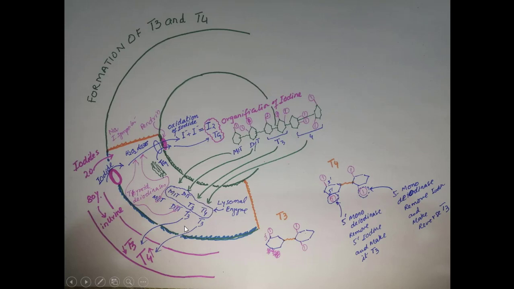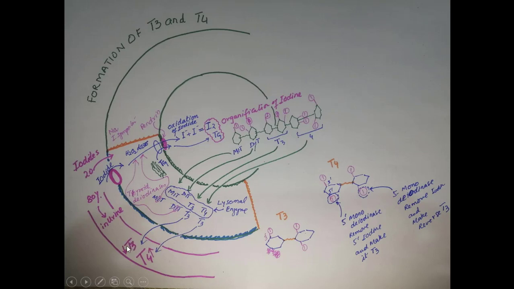The lysosomal proteolytic enzyme will separate MIT, DIT, T3 and T4 from each other. Now this T3 and T4 will leak back into the circulation.